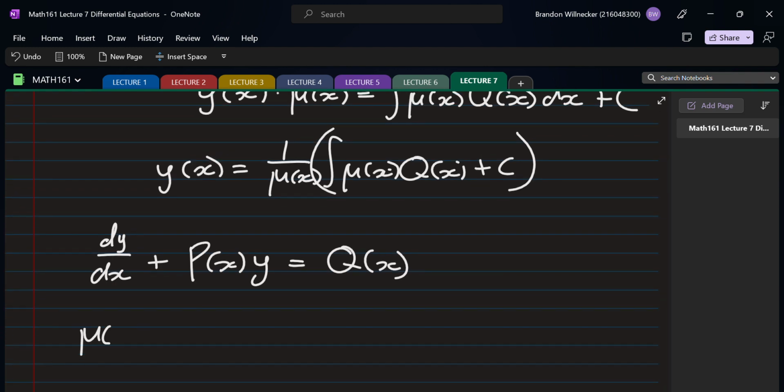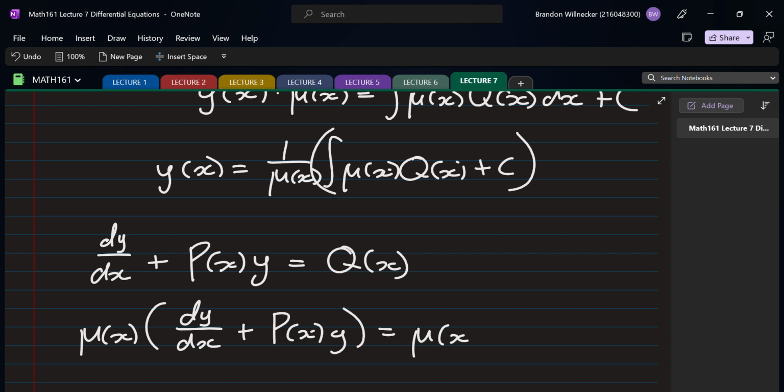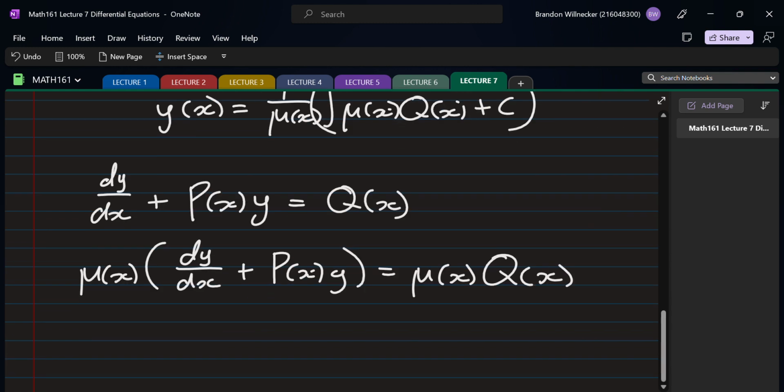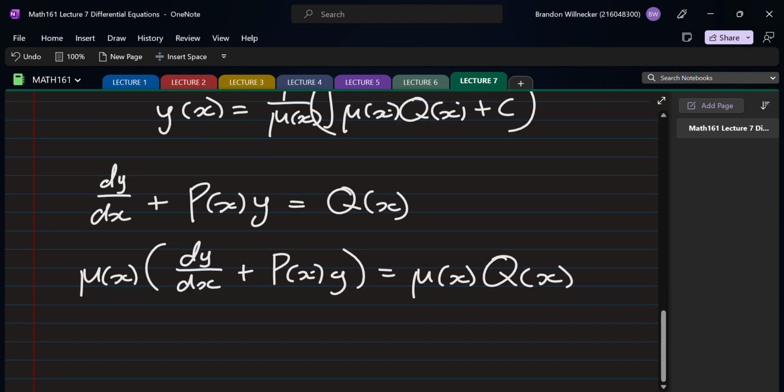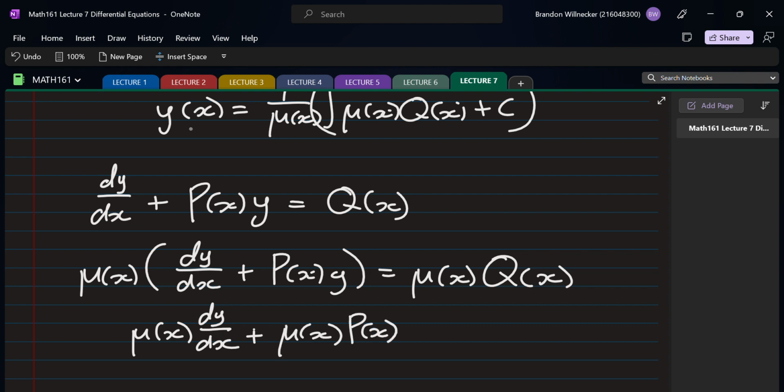So we're going to have mu(x) times dy/dx + p(x)y is equal to mu(x) times q(x). Okay, then we can distribute that, so we get mu(x) dy/dx + mu(x) p(x) y is equal to, again, mu(x) q(x).